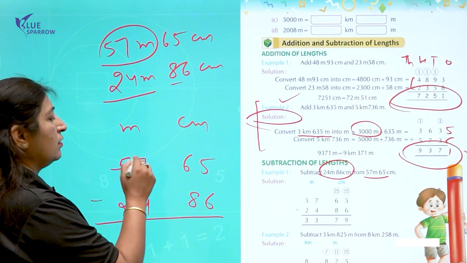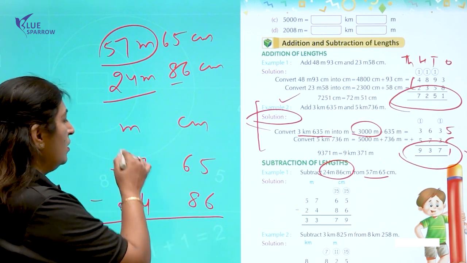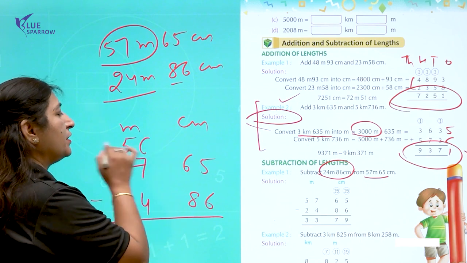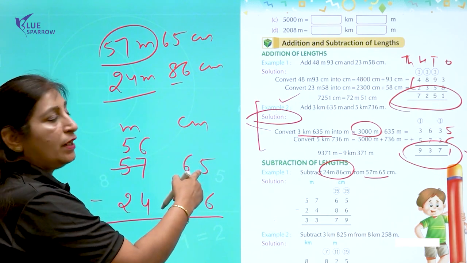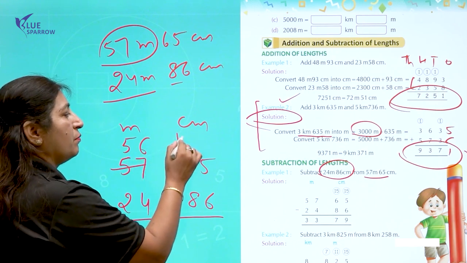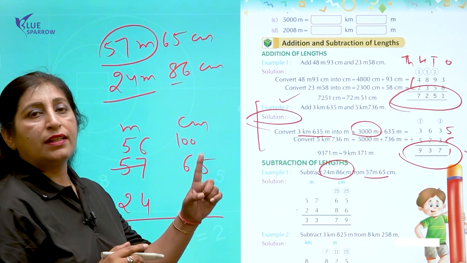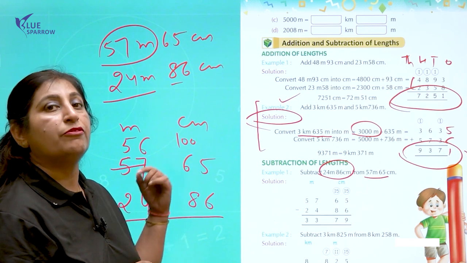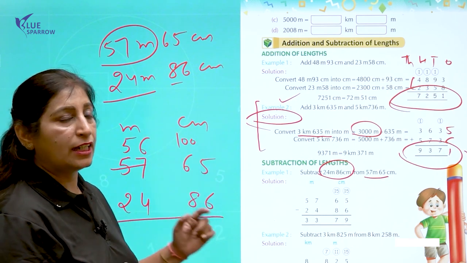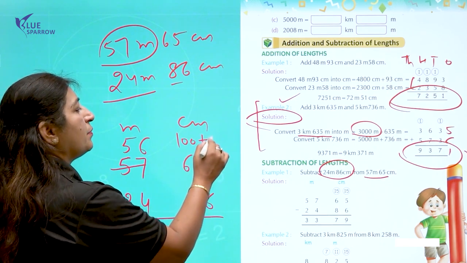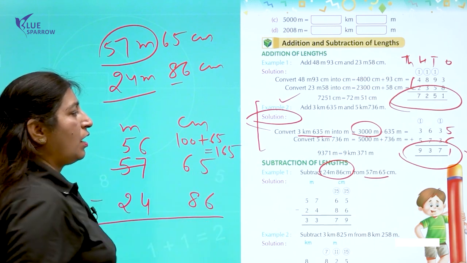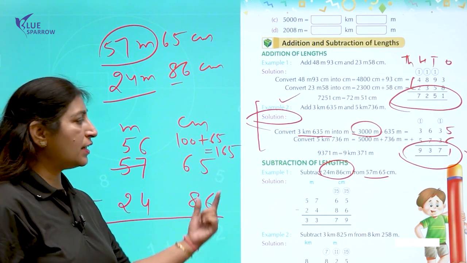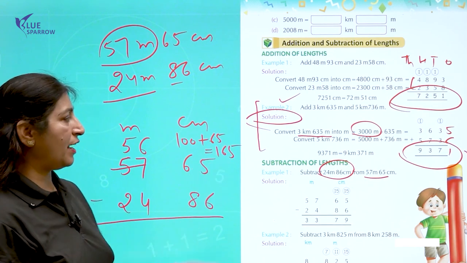So we would take out 1 meter, means we would be left here with 56 meter, and centimeters would be 165 because 1 meter is brought here. 1 meter means 100 centimeter are brought here. 100 plus 65 gives 165.